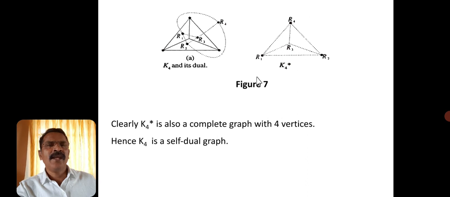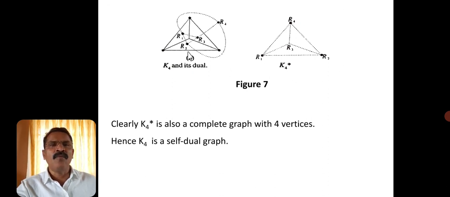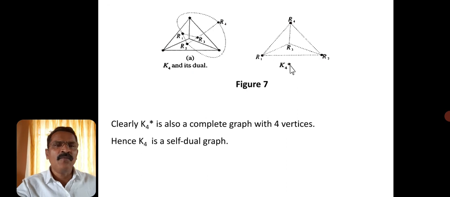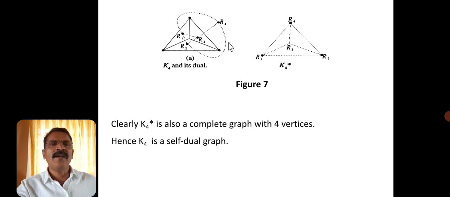You will get K4. So the 3 vertices with the dashed lines represent the geometric dual of K4, and K4 star and K4 are one and the same. Therefore the graph K4 is self-dual, because K4 and K4 star are isomorphic.